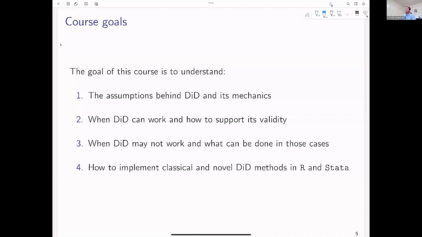Because as you know, if you write papers or projects using diff-in-diff, it's not just a matter of saying, I'm using diff-in-diff, here are my estimates, here are my t-statistics. Okay, so you actually have to make the case to convince the reader that what you're doing is correct. Okay, and there's a bunch of tests and strategies that one should consider to check that the diff-in-diff is working as it should be working.